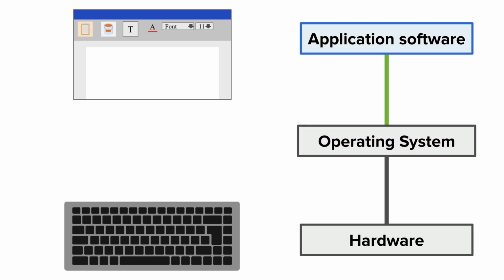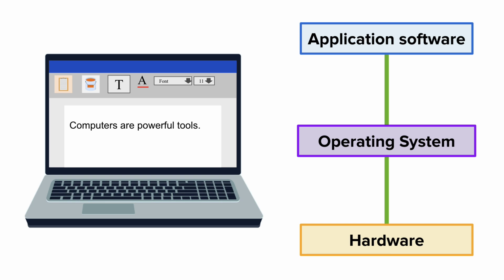The operating system then translates this information into a format that the application software can understand and passes it to the word processing application. The software then updates the display to show the letter A. To put it all together, the operating system, which is a type of system software, is the connection between application software and hardware, enabling the user to easily communicate with the computer and execute tasks, like write documents.